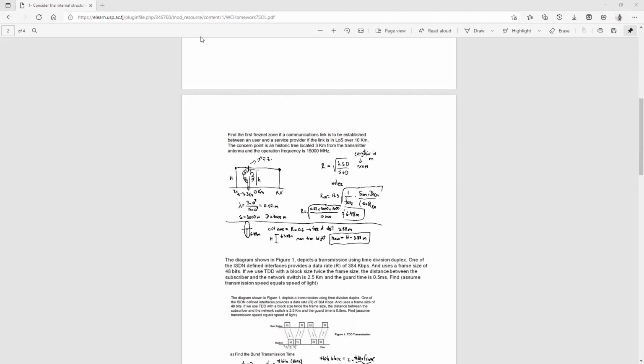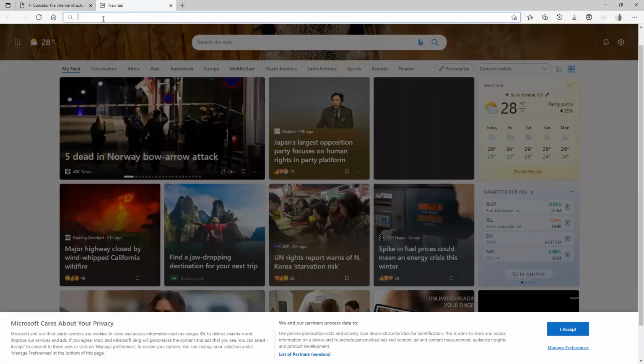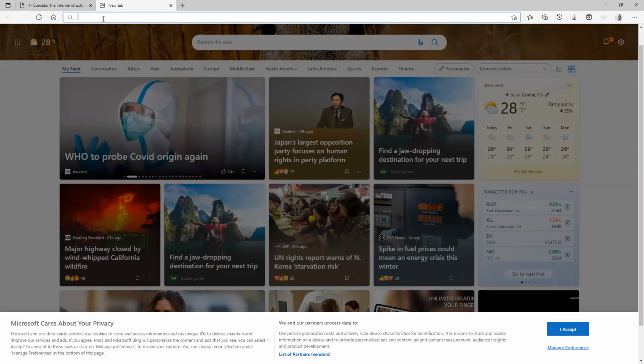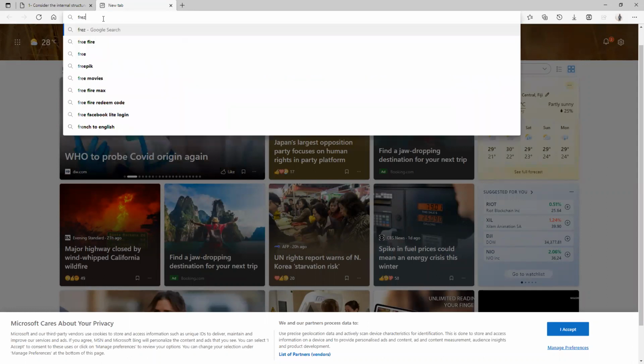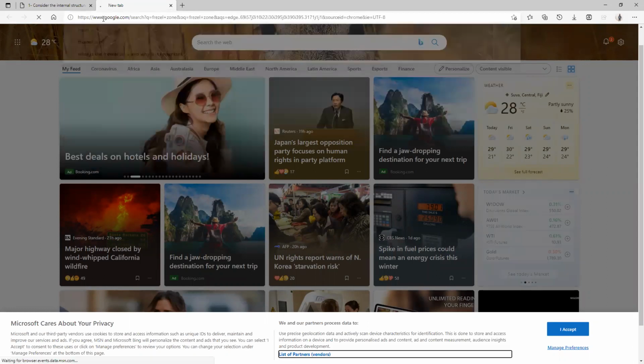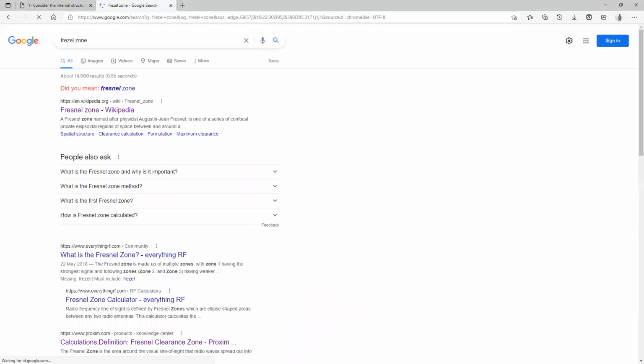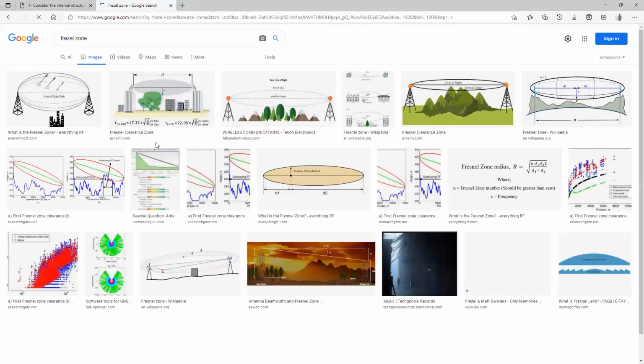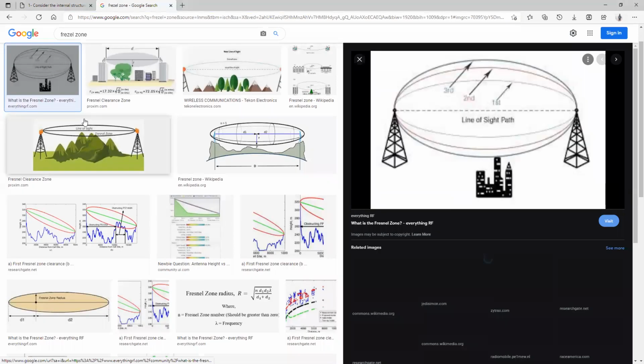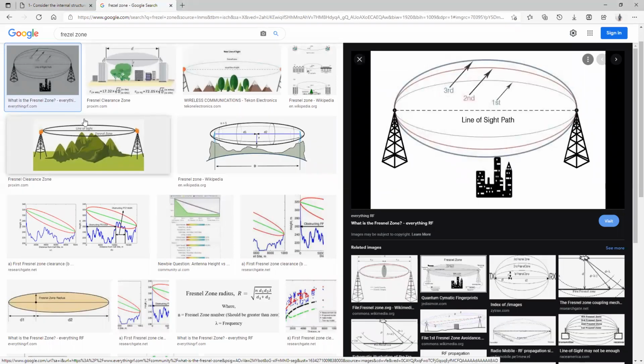So for the Fresnel zone, there are many definitions. In my simple definition, I'll show it to you like this. This is a Fresnel zone. We know about concentric circles. If you throw a stone into a pond, it radiates, isn't it?